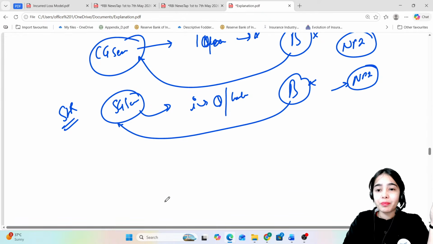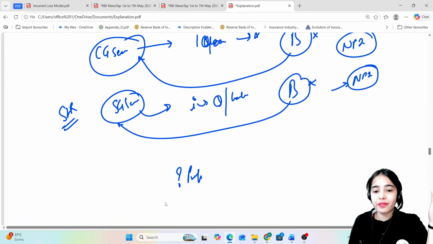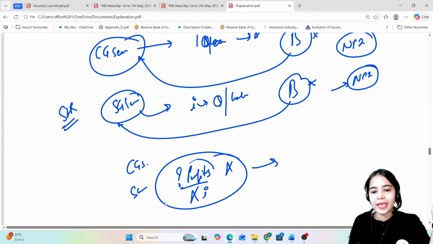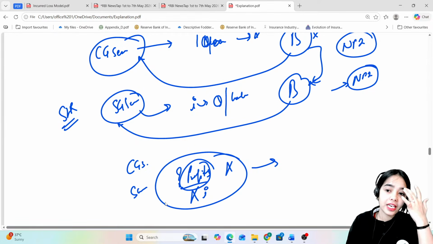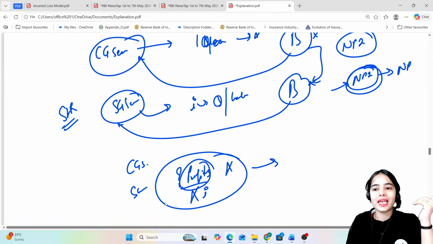But can the bank recognize the profits even when the profits have not been given by the central government securities or the state government securities? So this interest cannot be recognized. Okay. So that's why it has been said very clearly that when we are considering the NPI status, this is only for the NPA classification, for the asset classification.